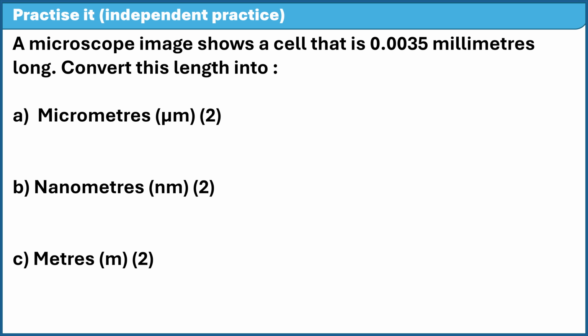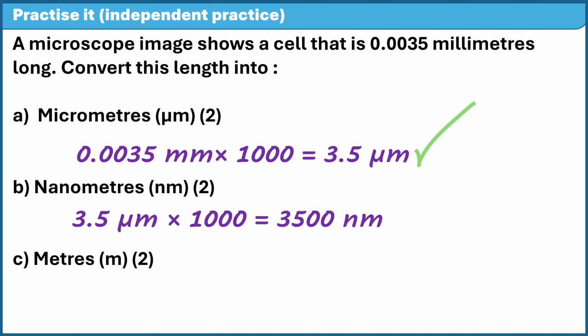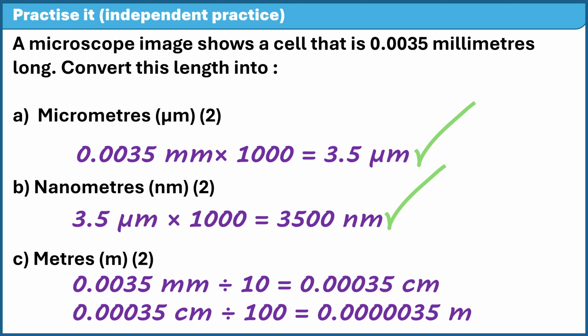Right, let's go through the answers. The answer to A is 3.5 micrometers. The answer to B is 3,500 nanometers. And the answer to C in 2 steps is initially to convert the millimeters into centimeters, the answer being 0.00035 centimeters.